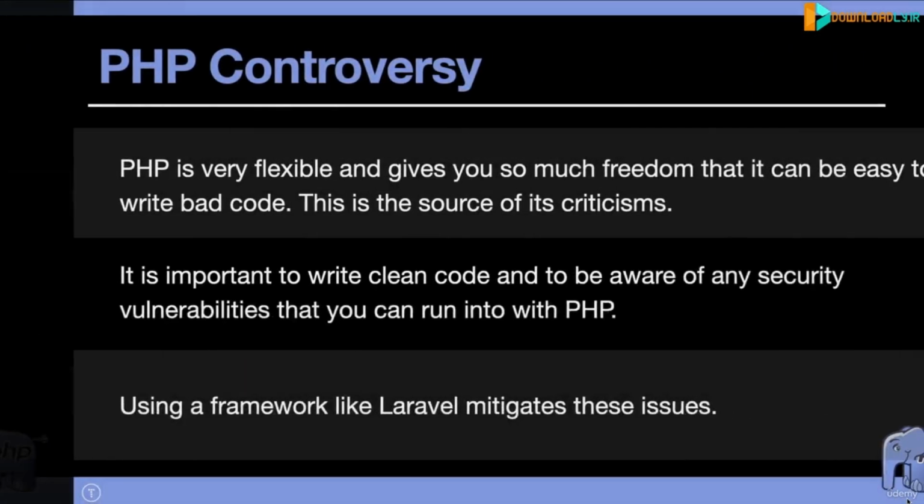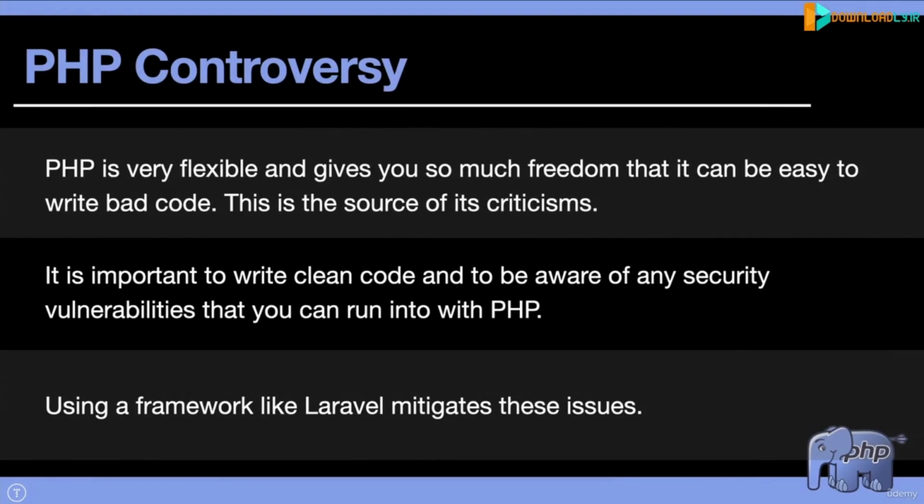All right, so PHP has been around for a long time, and it's gone through many changes. It definitely has its pros and cons. One of the biggest cons is that it's very easy to write bad code, as I mentioned in the last slide. This is because it's so flexible and you have so much freedom. You can write code that's very hard to read and maintain.